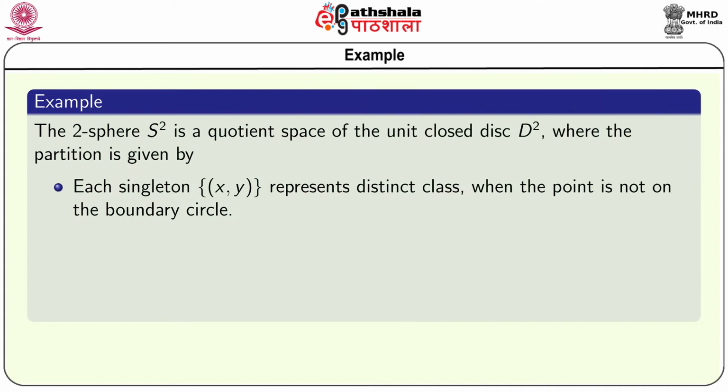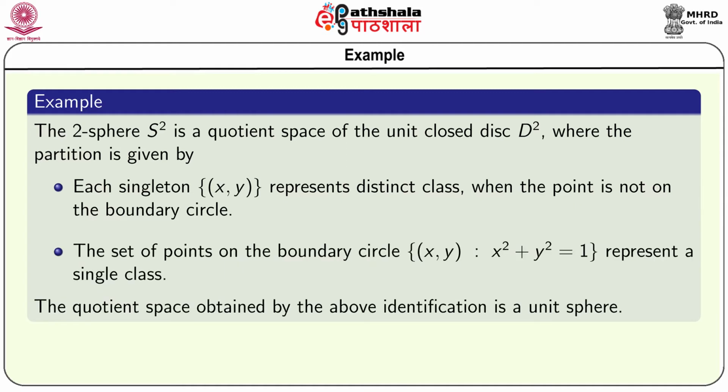In the next example, we see that a 2-sphere is a quotient space of the unit closed disk D2, where the partition is given by each singleton xy, which represents a distinct class when the point is not on the boundary circle.